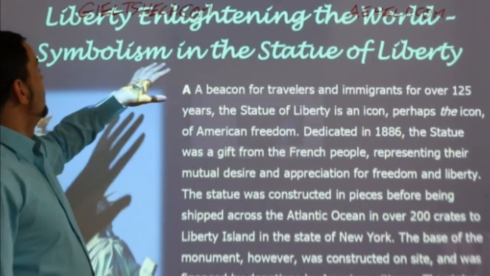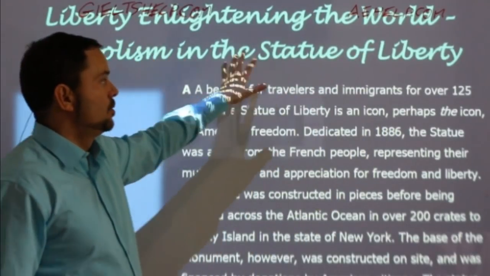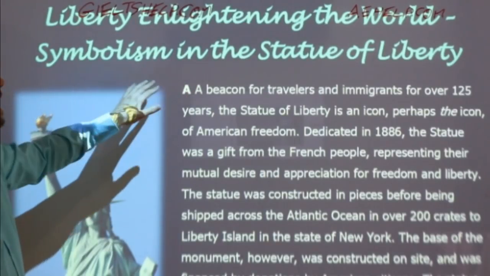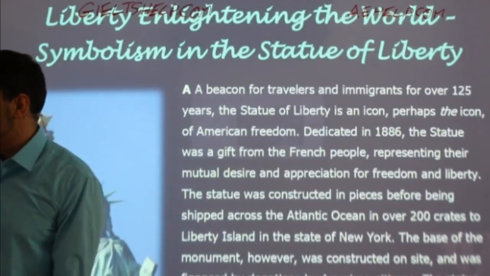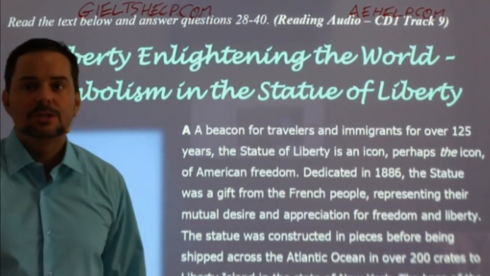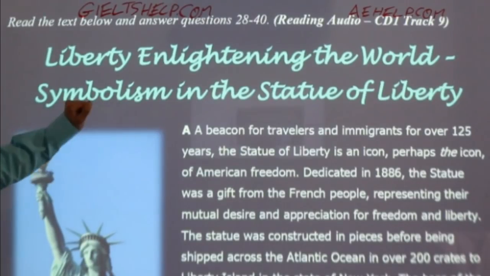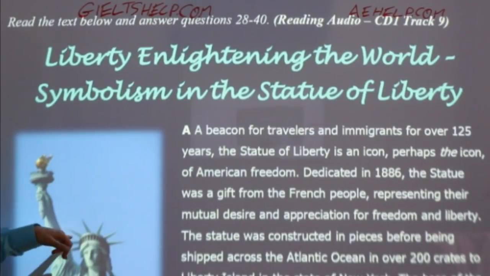Liberty Enlightening the World, Symbolism in the Statue of Liberty. So what am I reading? I'm reading about the Statue of Liberty. Why, just by the title? To understand the symbolism. What does the torch mean? What does the crown mean?